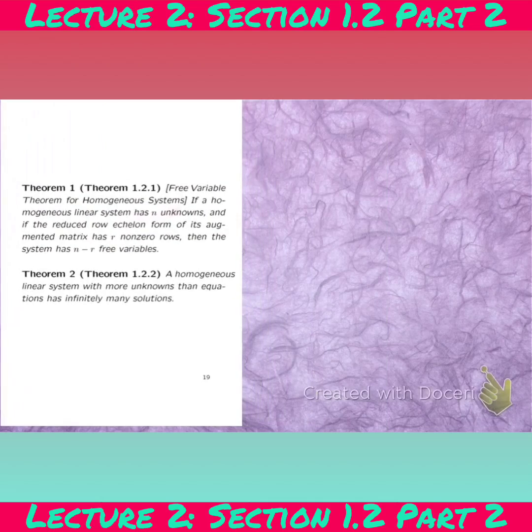Now you can easily see this if we look at the augmented matrix. There's your augmented matrix, and we've written this in row echelon form.